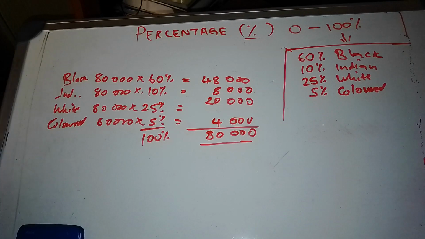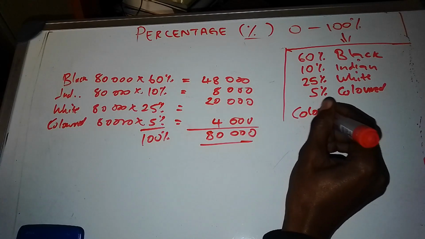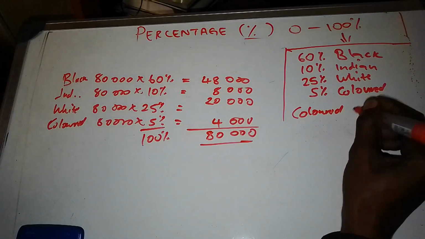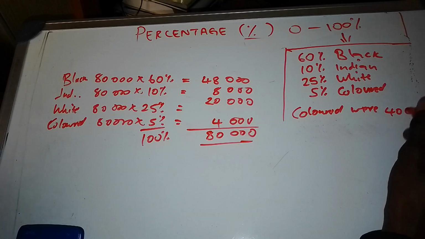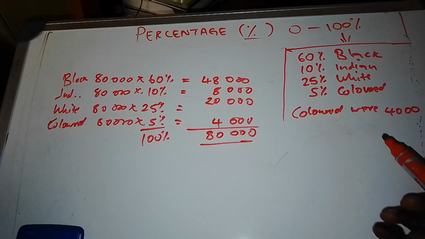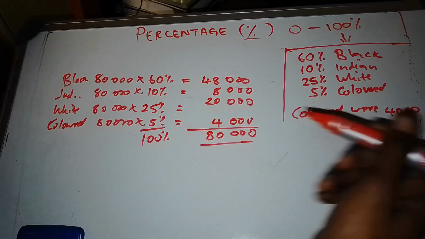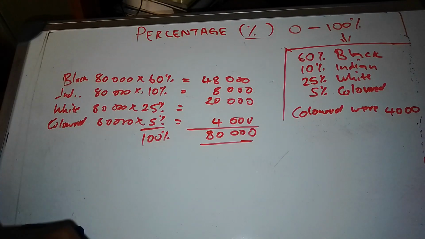Now the question says, if colored were 4,000, how many were the rest of the other races, right?